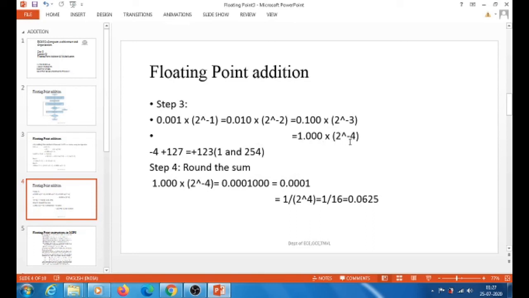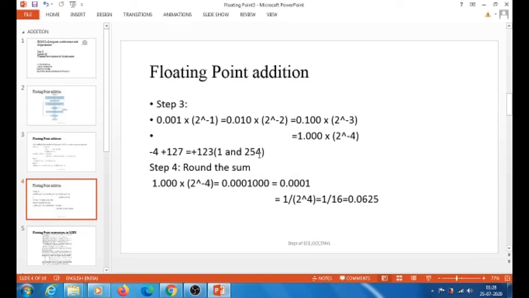So now I must represent this exponent in bias notation. For bias notation, we need to add plus 127 to the actual exponent that we have got through the sum. So here it is minus 4 and the bias is plus 127. If we add, then we get plus 123. This plus 123 obviously lies within the range of 1 to 254. This range of 1 to 254 is meant only for the floating point representation.